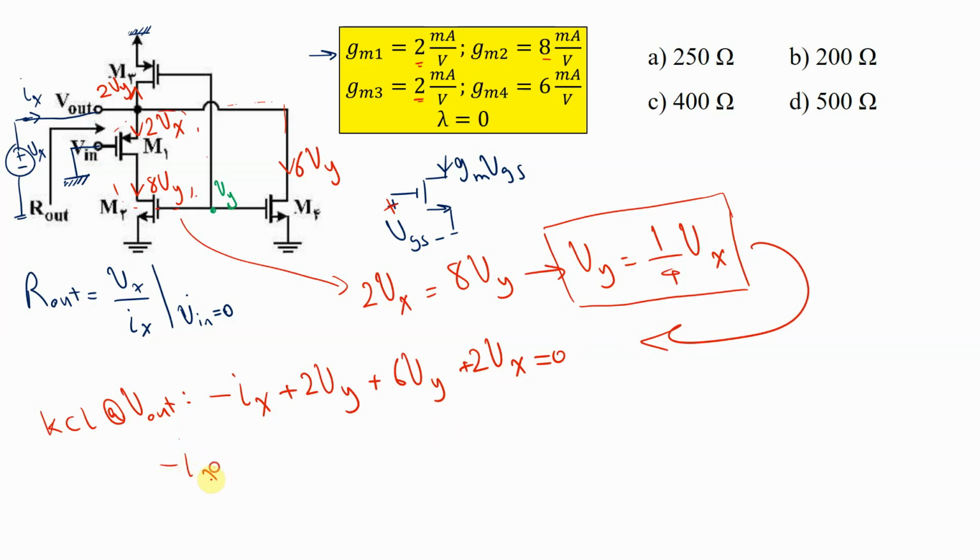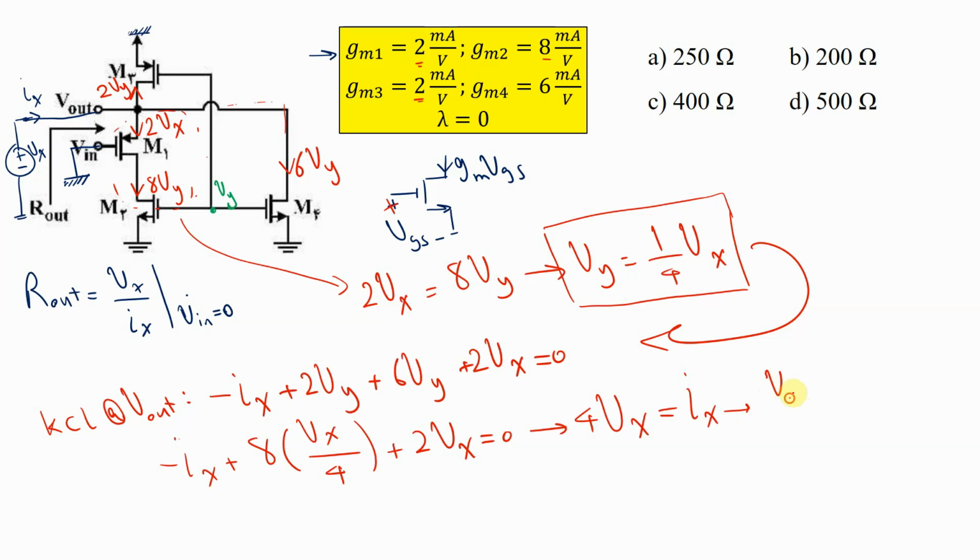So minus Ix plus 2 plus 6 is 8 Vy. And instead of Vy, I'm going to use this substitution, Vx divided by 4, plus 2 Vx equals 0. So 8 divided by 4 is 2 Vx, plus 2 Vx is 4 Vx, and I'm going to move minus Ix to the right hand side of the equation.